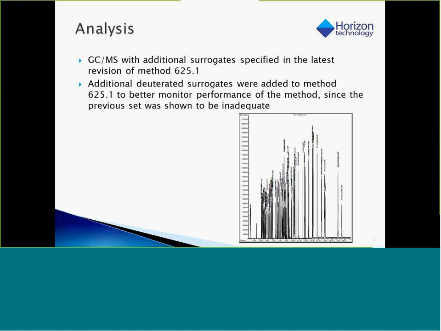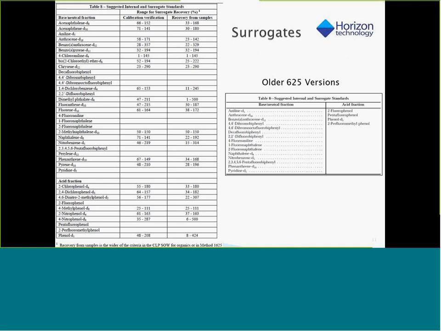So additional deuterated surrogates were added to the method to better monitor performance during the run. And I show you the list here of the optional surrogates that can be included. And we included quite a few in our analysis so that we were complying with the newest version of method 625.